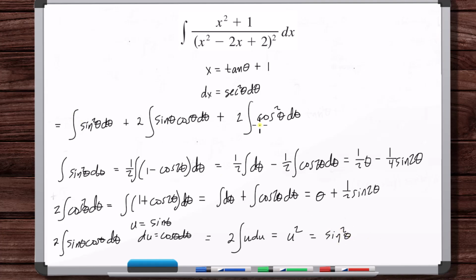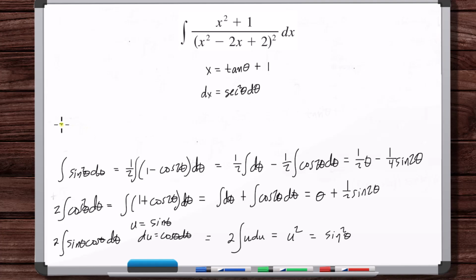So this plus this plus this, we've got 1/2 theta minus 1/4 sine 2 theta plus theta plus 1/2 sine 2 theta plus sine squared theta.